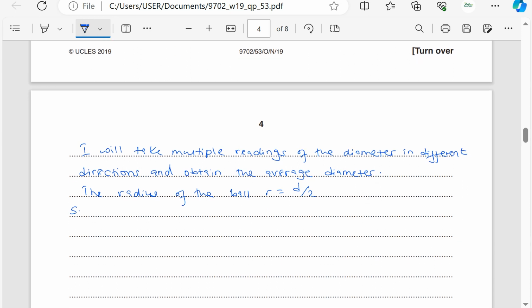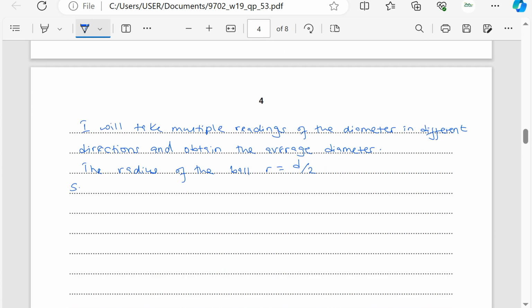Then step number 5, I will now place the plastic ball above the air blower, and wait.